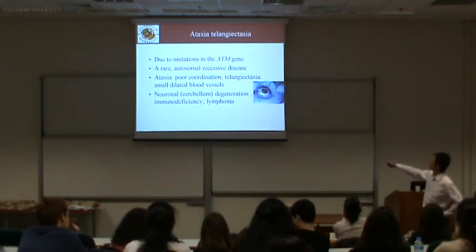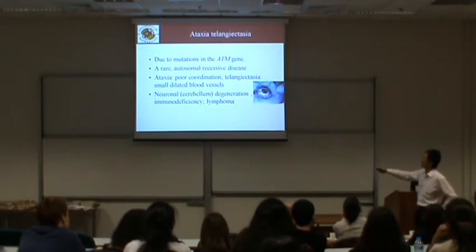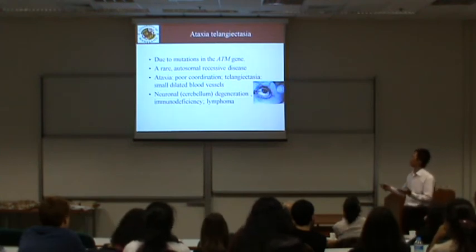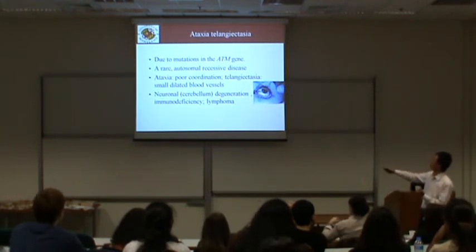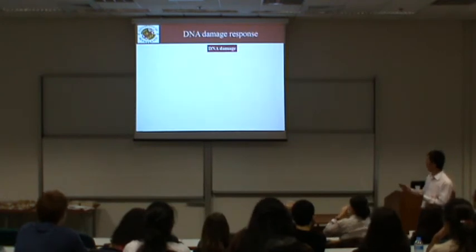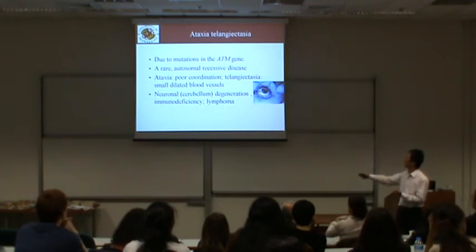So those with ataxia telangiectasia usually have motion coordination problems as well as dilated blood vessels. They are also prone to lymphoma, and they are immunodeficient.